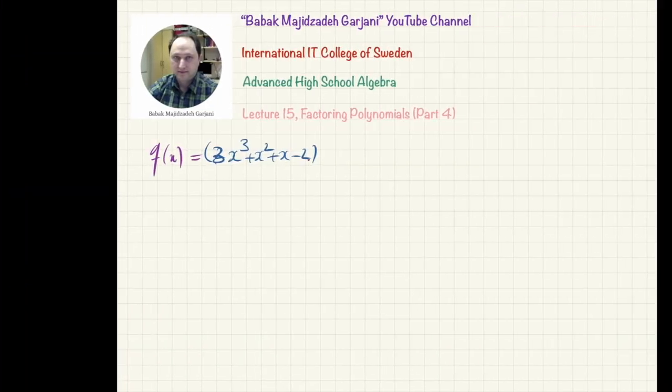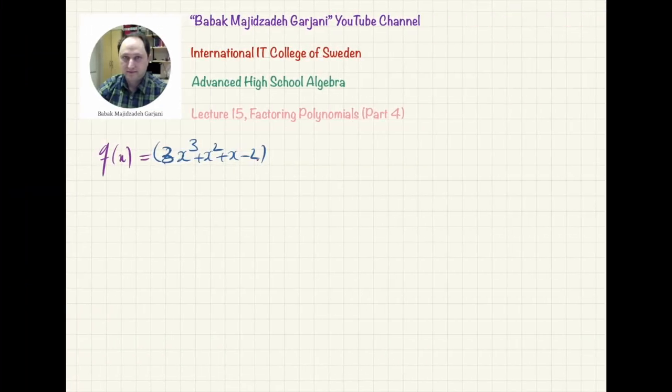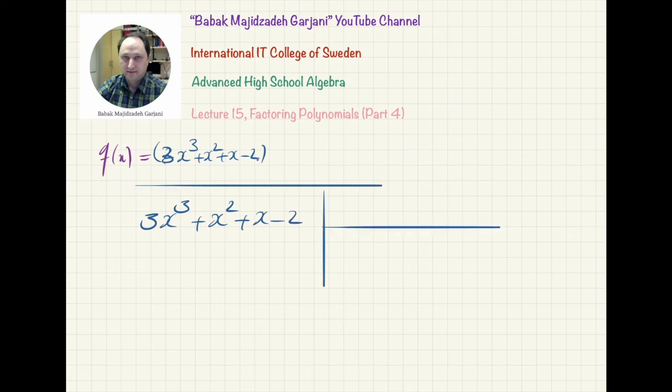Yes, so I go and do the long division here. So what can I do? I write 3x^3 plus x^2 plus x minus 2, and then I divide it by x minus 2/3. Yes, x minus 2/3.